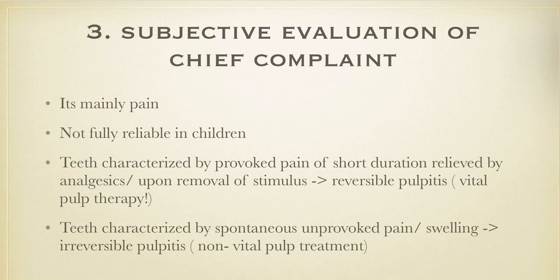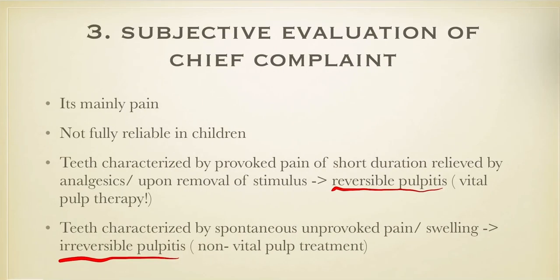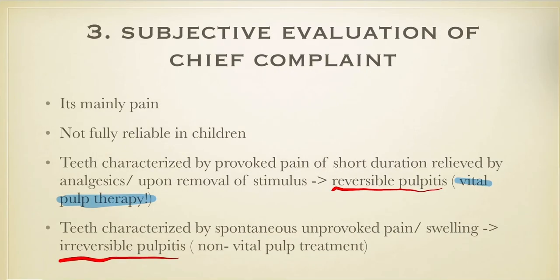If we remove the stimulus, for example toothbrushing, the pain disappears. So this is reversible pulpitis, and we need a vital pulp therapy. In irreversible pulpitis, the pain is spontaneous and continuous, the patient awakens, and sometimes there is swelling too. We need non-vital pulp therapy.